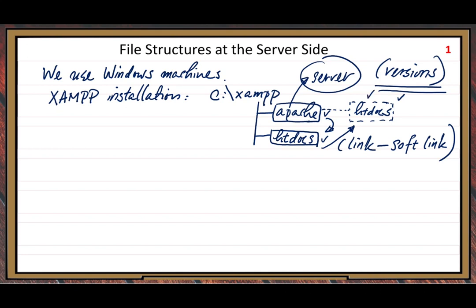That means the inside folder is a physical one, so the data is physically stored on the hard disk. But the outside one is not a physical folder. It's just a soft link.